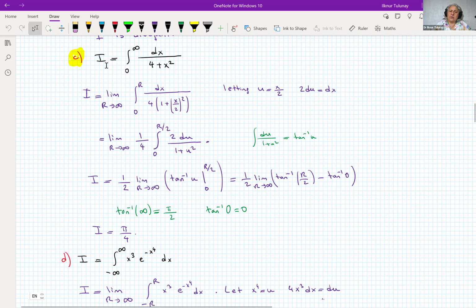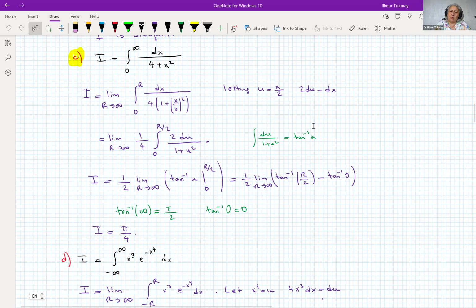Substitute in. Since this is an improper integral, that will convert into the limit as r goes to infinity when we put r here. So this constant is out when we are turning to the u's, and when x is equal to 0, u is equal to 0. When x is equal to r, u is equal to r over 2. This is why the boundaries change. dx will be 2 du, 1 over 1 plus u squared.